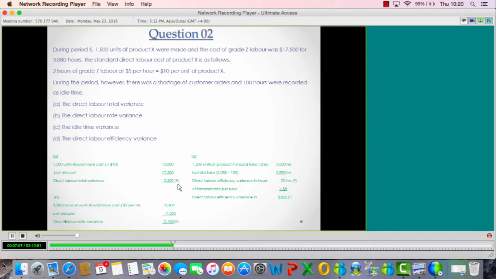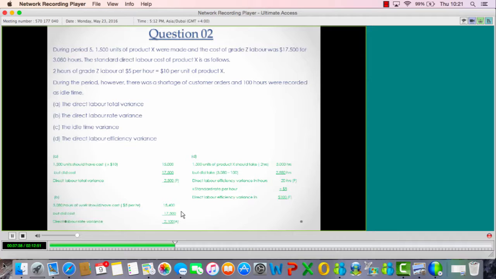Now here is the same step. For 1,500, you multiply it by the standard, that is 3,000. Here, they have worked 3,800 hours, out of which 100 hours is idle. You need to deduct that idle time, because here you only consider the hours the employees actually worked.